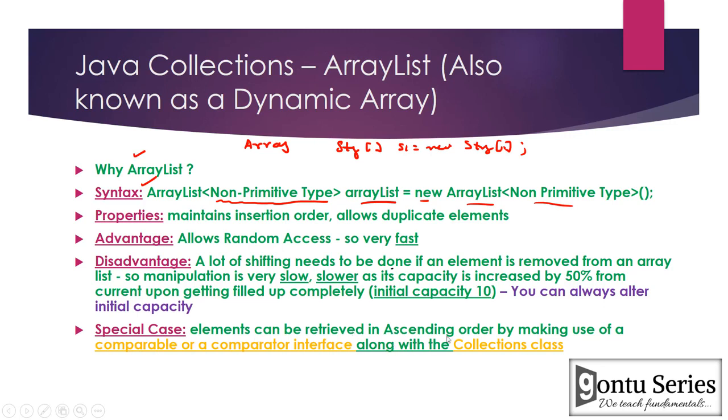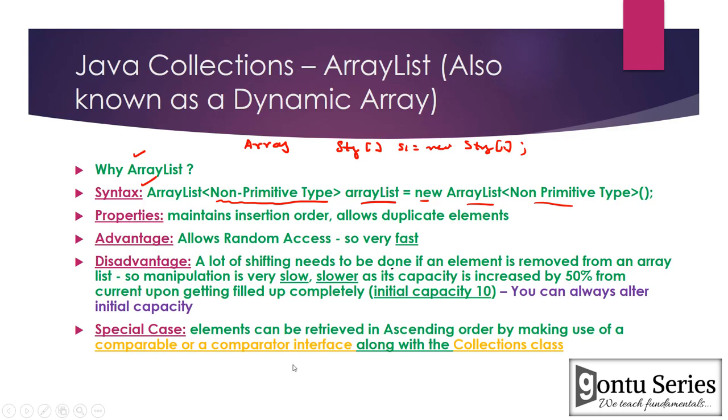And then we talked about this special case, right? Elements can be retrieved in ascending order by making use of the comparable or comparator interface along with the collections class. So Collections.sort is going to sort the array list. If you want to go with the default way, then you have to use the comparable interface in that user-defined object. In case of non-user-defined objects like string, integer, long, the comparable interface is already implemented, so that uses the default way.